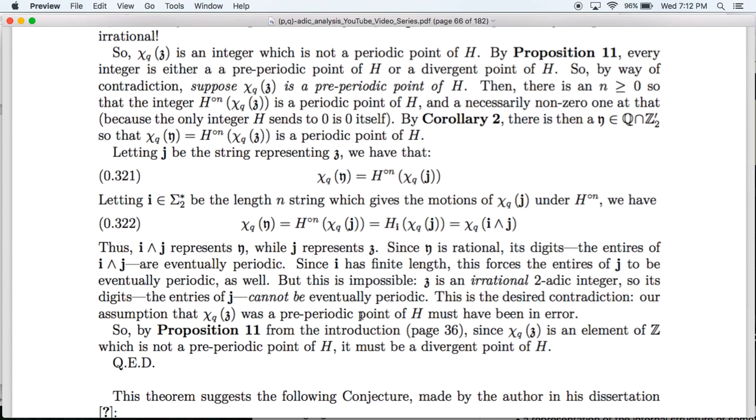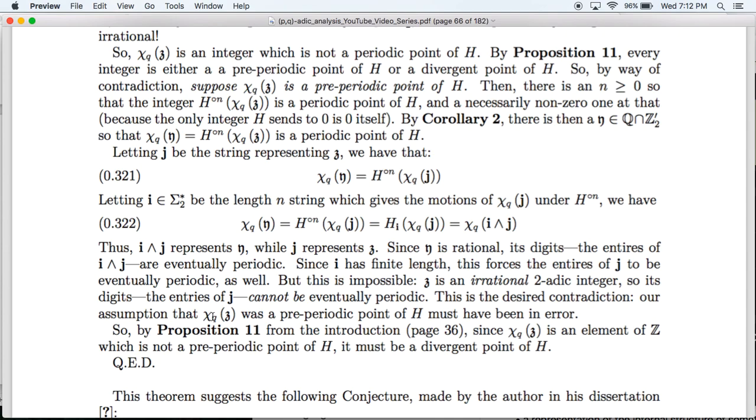As I've mentioned before, it's conjectured for the qx plus 1 map that when q is greater than or equal to 5, the set of divergent points in the positive integers has density 1. So almost every positive integer should be a divergent point, which means we should expect chi-q to take almost every positive integer value as z varies over the two-adics.